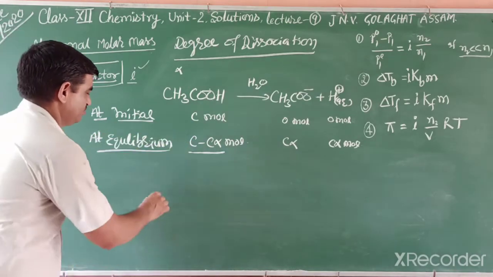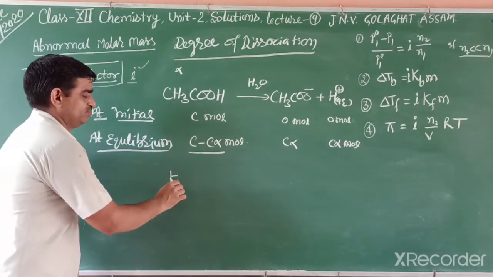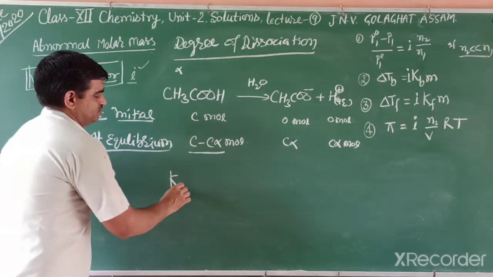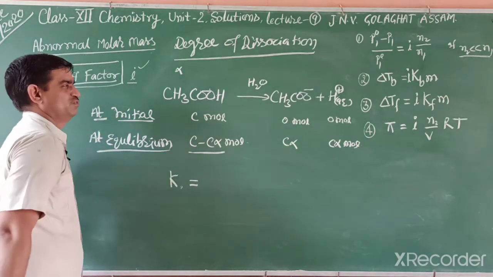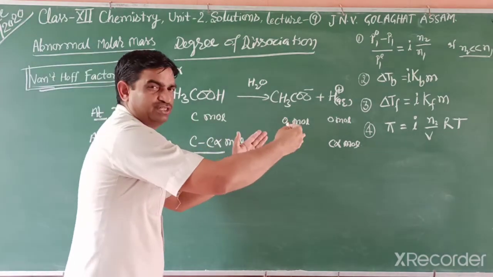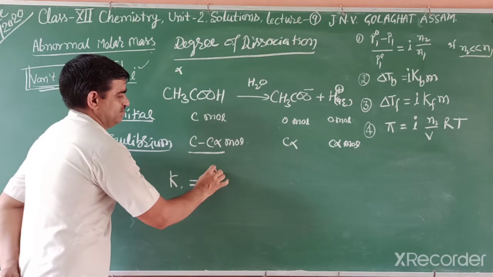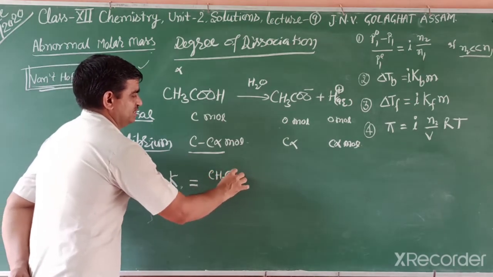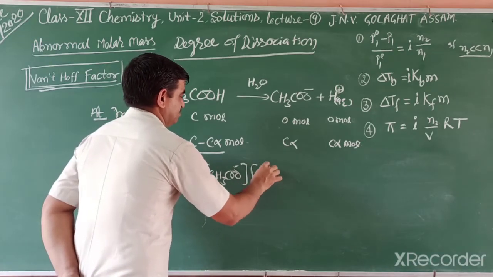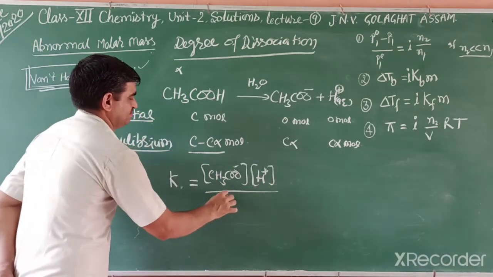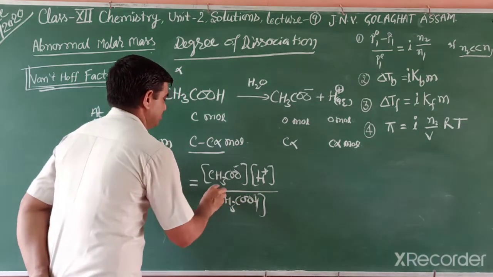Then how can we write the equilibrium expression for acetic acid? The equilibrium constant Kc, here written as Ka, the dissociation constant for acid. It is a ratio of the concentration of products divided by reactants. We already studied in 11th class, this is the ratio of CH3COO minus and H plus concentrations divided by the concentration of the reactant, at equilibrium concentration.